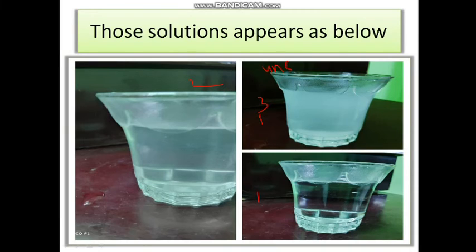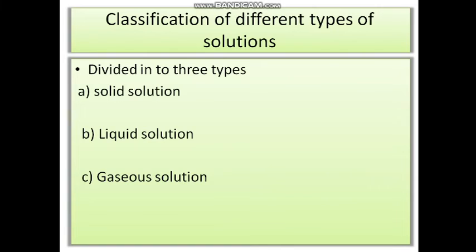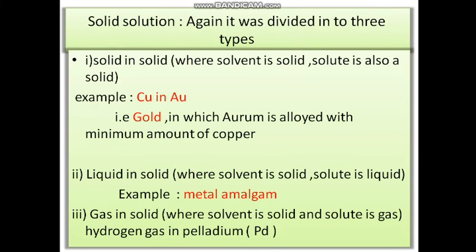Next, coming to the classification, solutions are divided into three types: solid solution, liquid solution and gaseous solution. In general, everyone knows that during the division, solid solution is also divided into three types: solid in solid, liquid in solid, gas in solid.